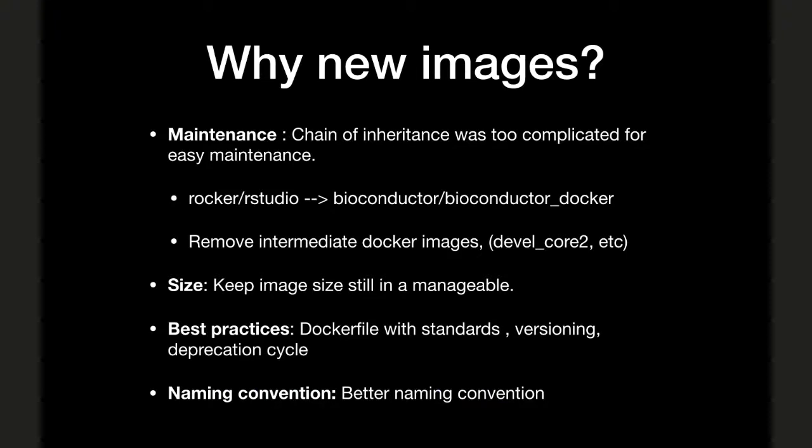And this was becoming a problem because of the way the inheritance structure worked. We inherited from the Rocker RStudio images, and then we had these intermediate containers called devel base 2, core 2, etc. And they weren't doing us any favors in keeping the inheritance chain simple and easy to maintain. That's one of the big reasons.